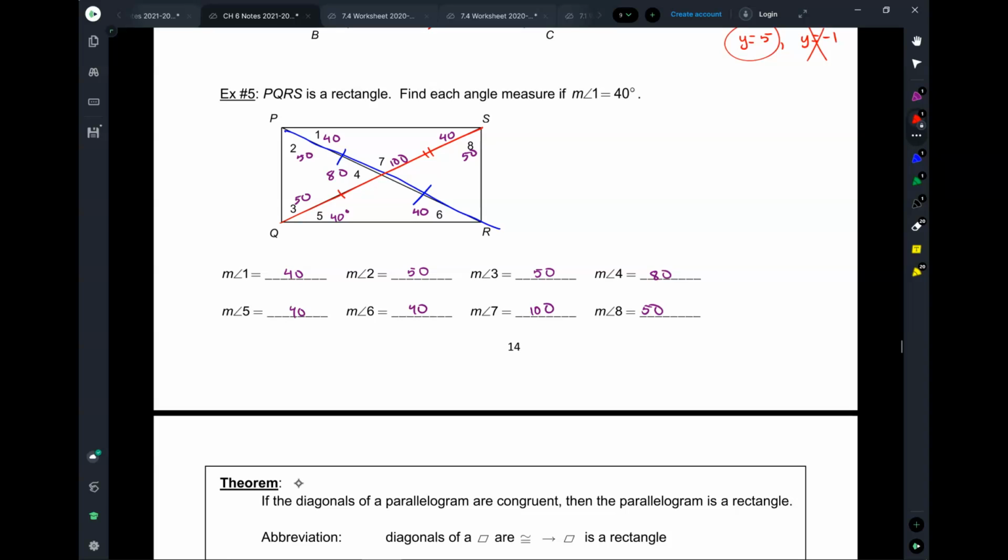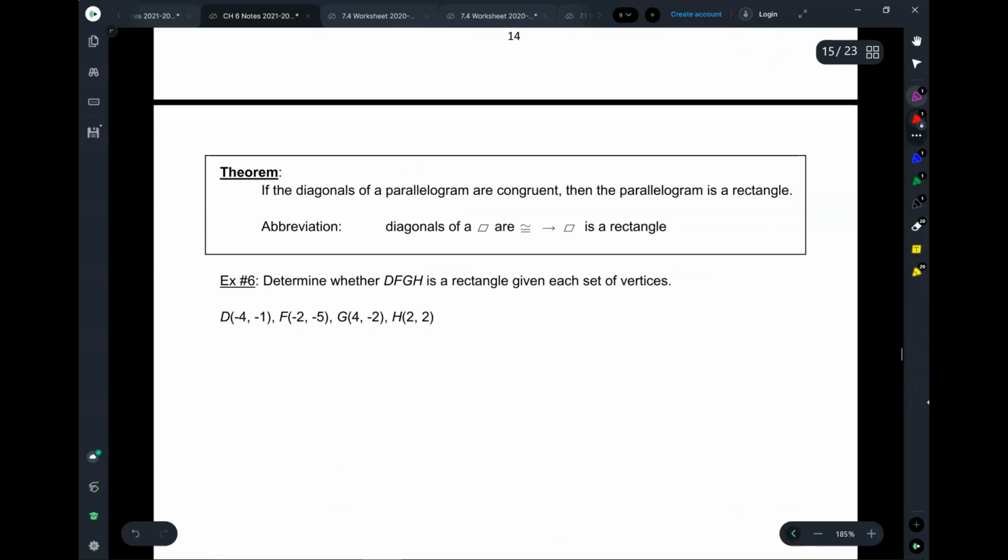Okay, so last but not least, here's another theorem because we haven't had enough theorems in this chapter yet, right? Okay, so if the diagonals of a parallelogram are congruent, then the parallelogram is a rectangle. Sounds like a converse, right? This sounds like a converse of the one we just did.